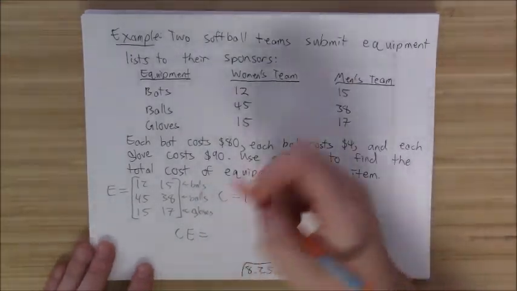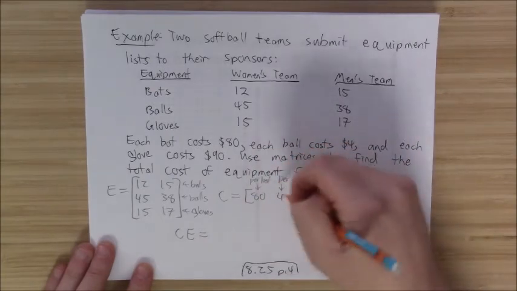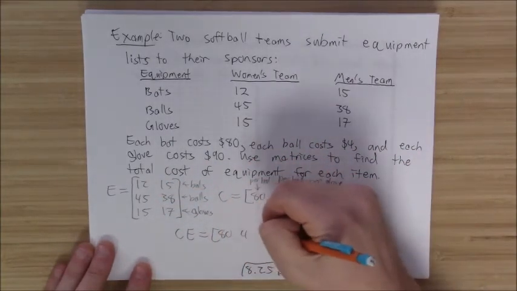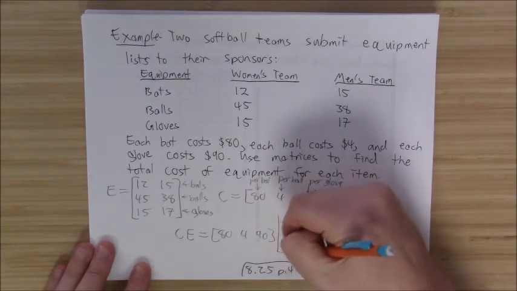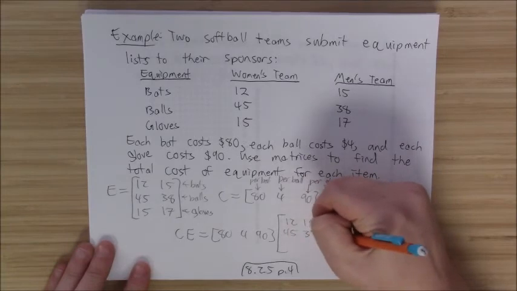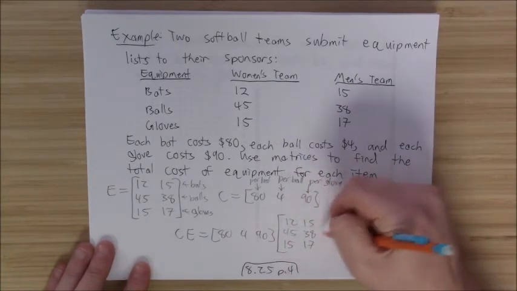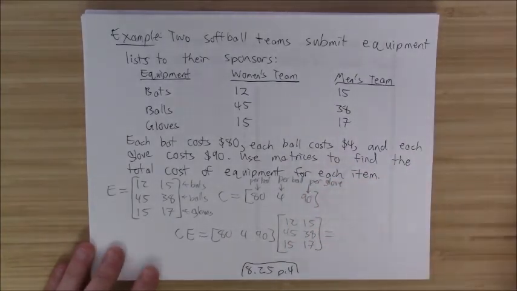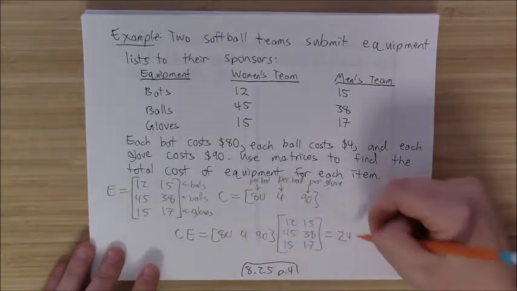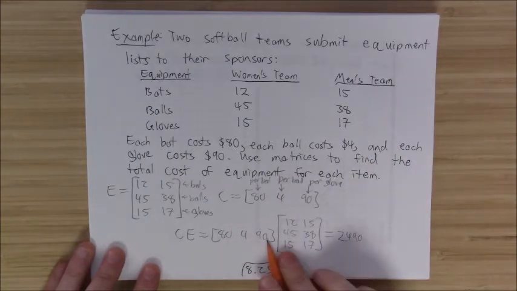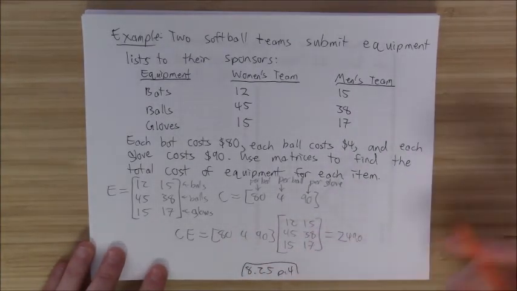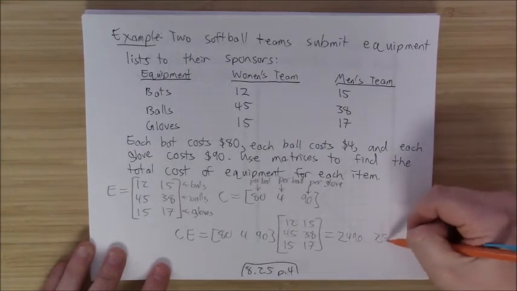Well, if you go through and actually do that multiplication, you would have [80, 4, 90] times [12, 15; 45, 38; 15, 17]. If you do this row by the first column, and then this row by the second column, you end up with 2,... for the first and 2882.